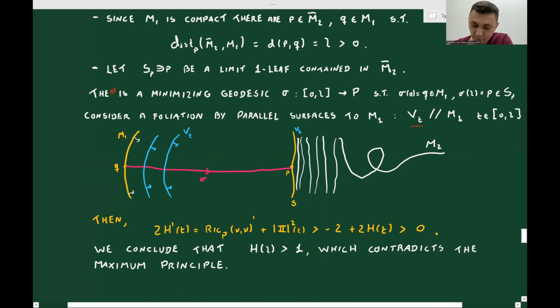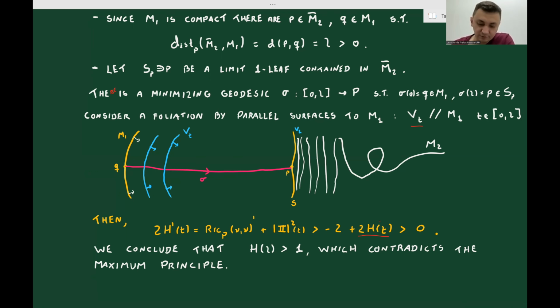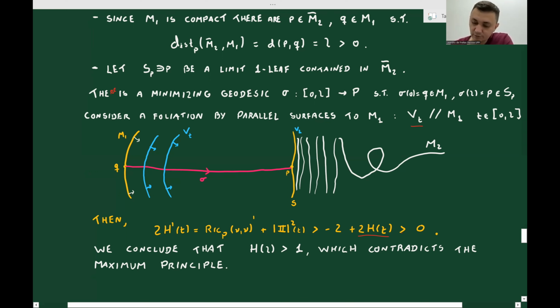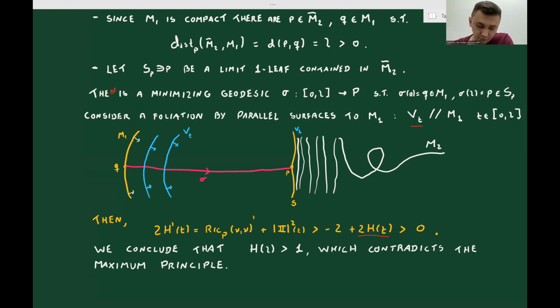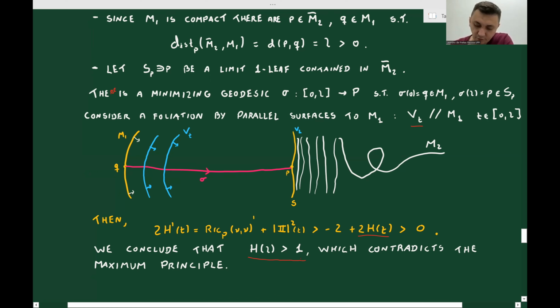And here we also use Newton's inequality, plus 2 times H, the mean curvature of the parallel surface. Because it satisfies a Riccati equation, we know also that it is strictly positive, because H at t must be bigger than or equal to 1. So in this case, we conclude that the mean curvature of the parallel surface VL must be bigger than 1.